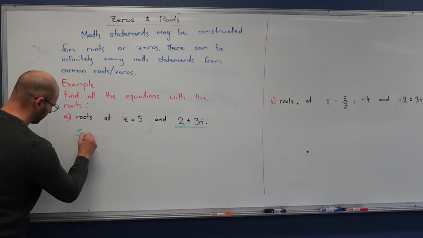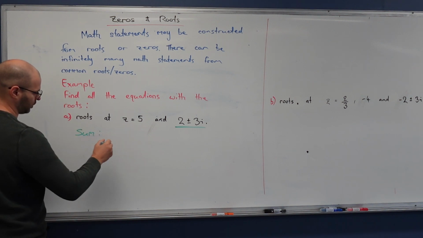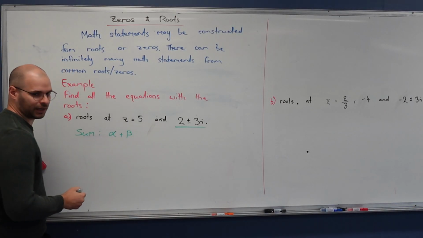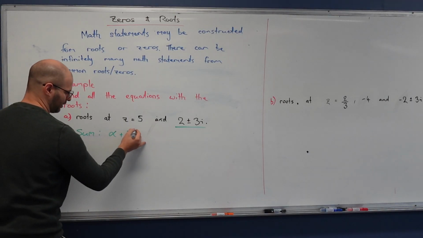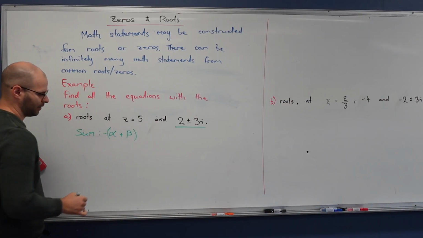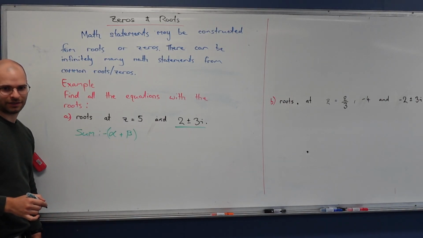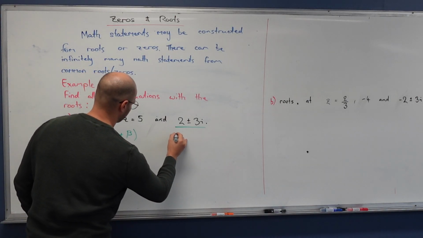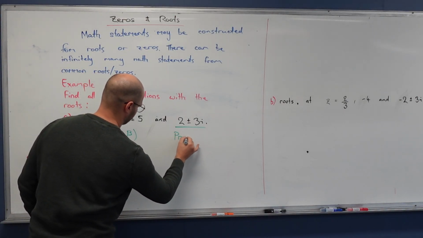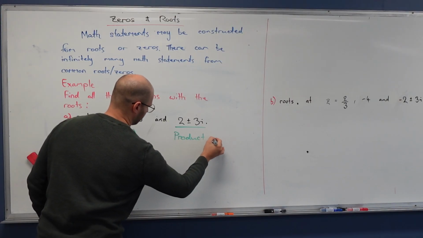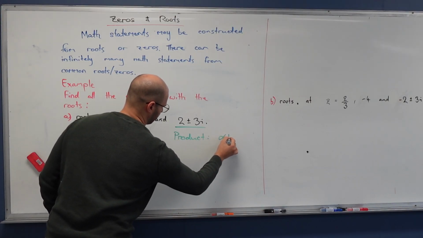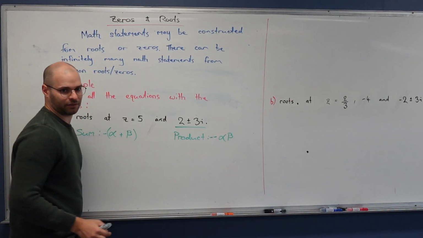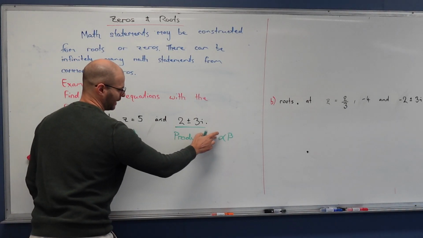So the sum is equal to alpha plus beta, and then this is the tricky bit. You put a negative in front of it. Why? We'll get to it in a moment. And we've also got the product, which is alpha beta, but it's also got a double negative, so we just get rid of the two negatives altogether.